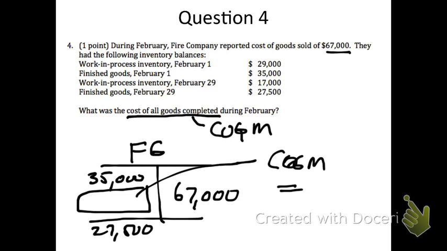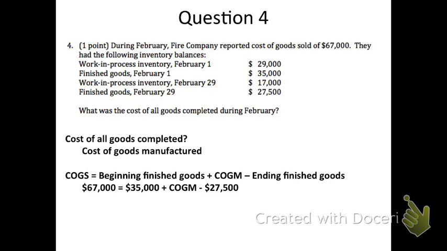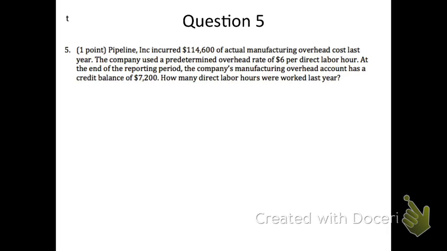And if you solve that T account, cost of goods manufactured has to be 59,500. And I drew a T account, but you can see that from the formula it's the same thing, getting to cost of goods manufactured.